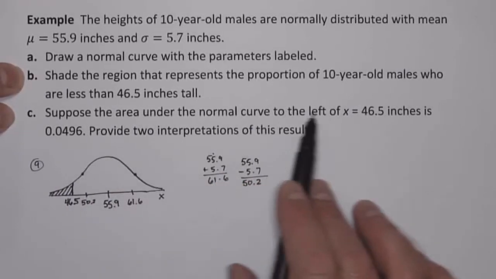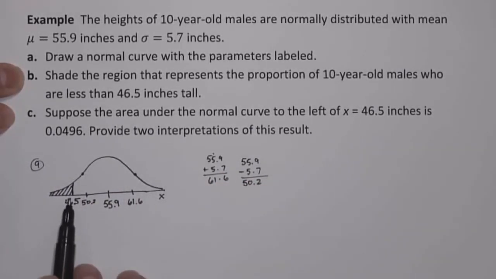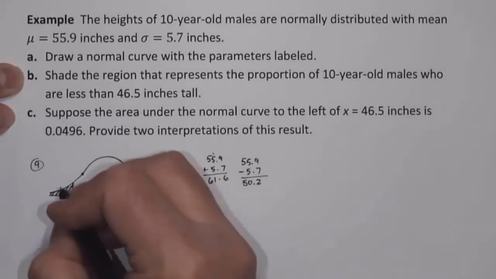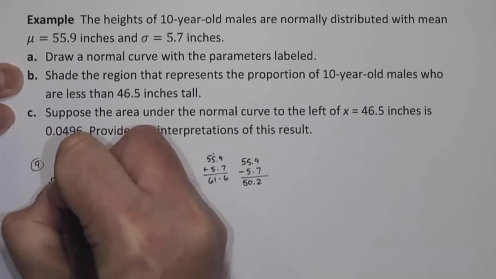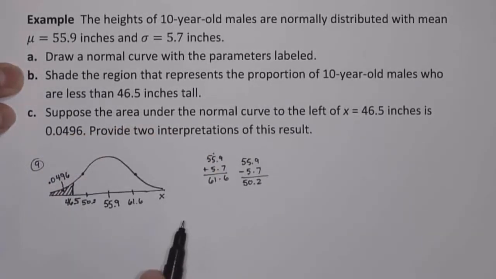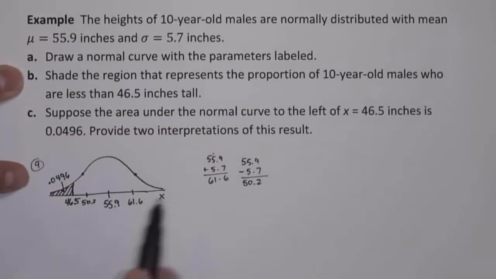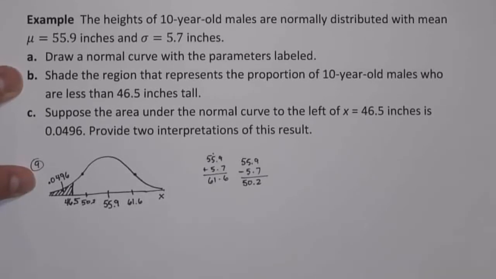Part C, suppose that the area to the left of this 46.5 is 0.0496. We're supposed to provide two interpretations of that area being 0.0496. Well, our two interpretations are, it could be the proportion of the population that has the characteristic, or it could be the probability.